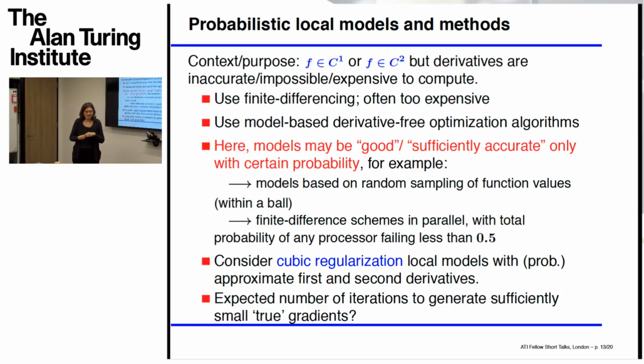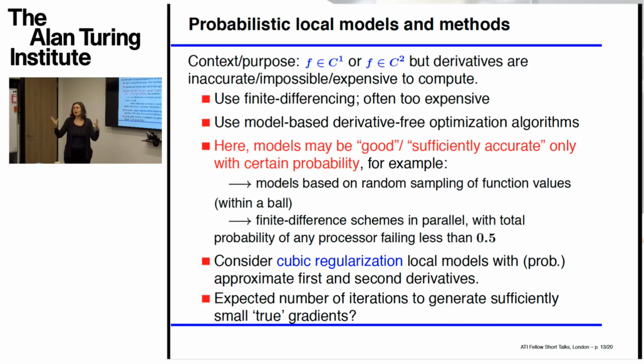Let me try to make this a bit more concrete. Let's assume I get my local model by random sampling of function values. If I do this sampling accurately enough, only with a certain probability greater than a half, I can apply the previous frameworks as before. So I really need very low accuracy. The other possible approach here would be, let's say I can do finite differencing to calculate gradients.